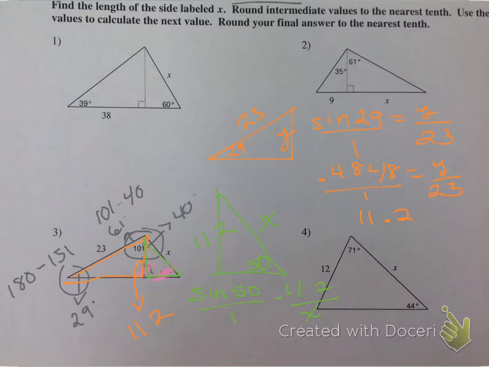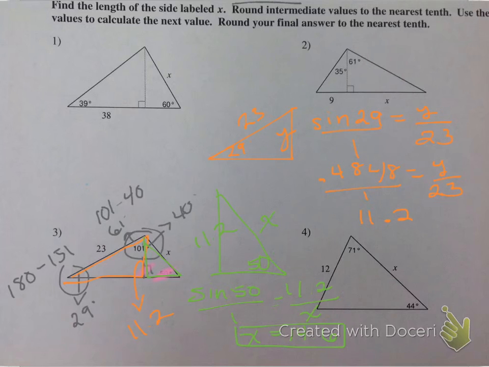And when I do my cross multiplication, what I'm going to end up doing is 11.2 divided by the sine of 50. And we get a final answer of 14.6.